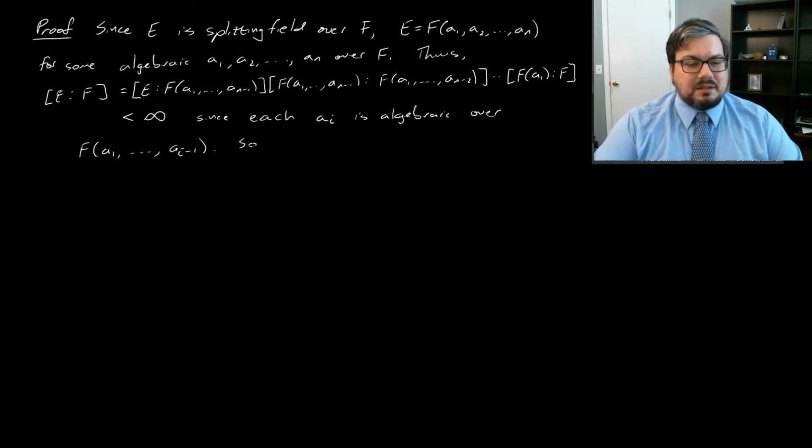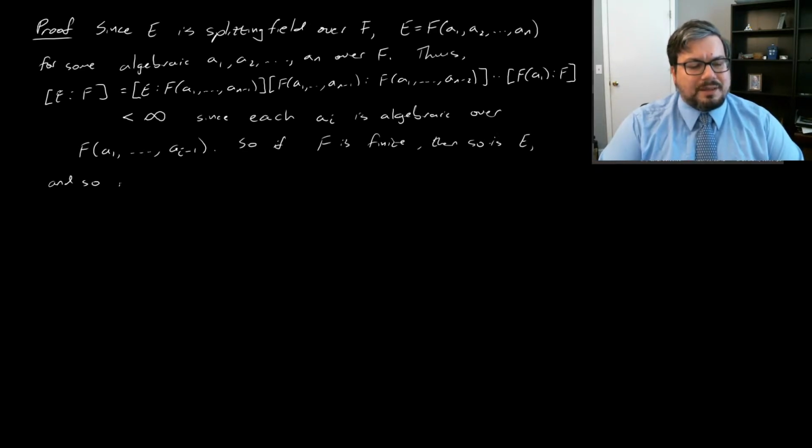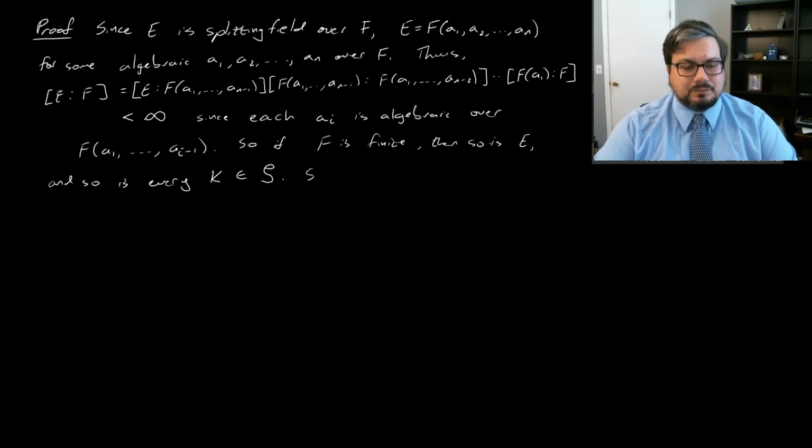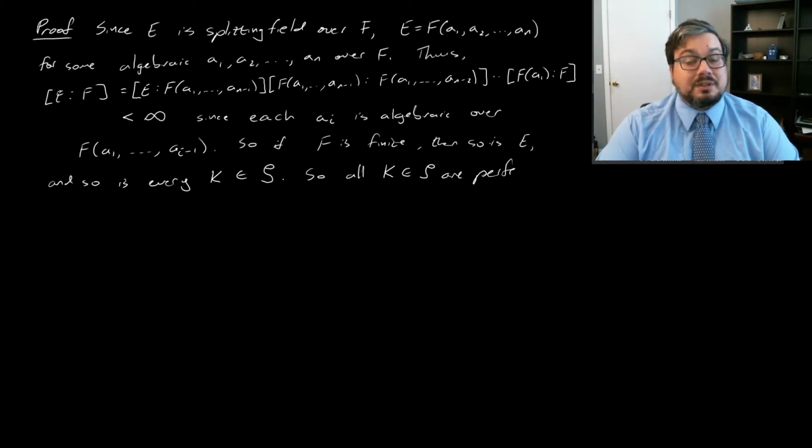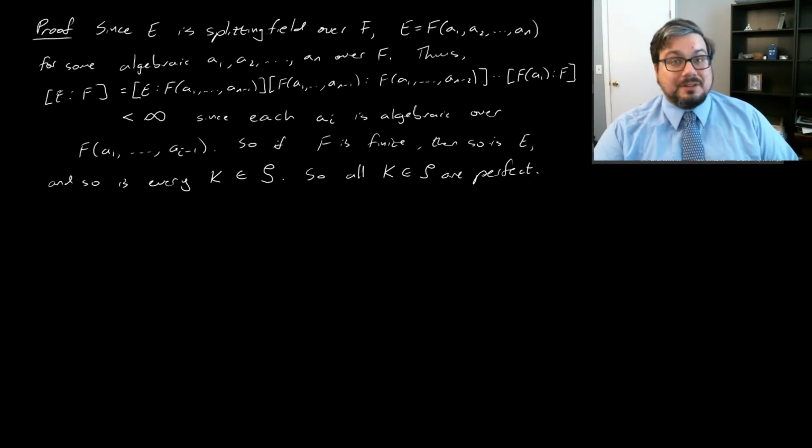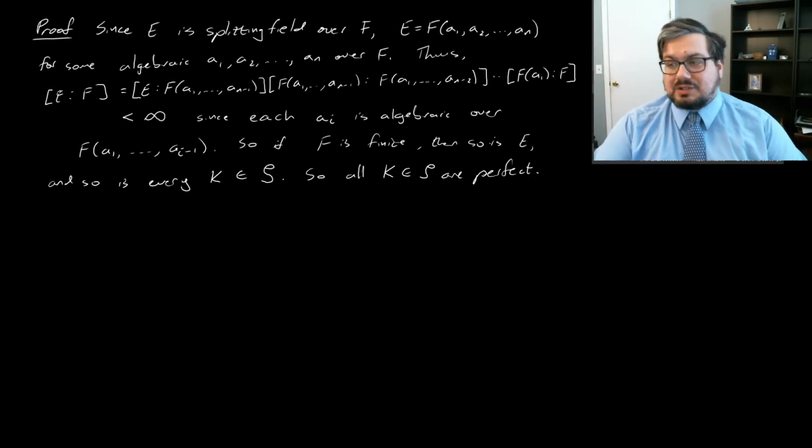This means if F is a finite field, then so is E, and so is every field K in the set S. So all K in the set S are perfect. This relies on the fact that any finite field is perfect, which is an exercise.